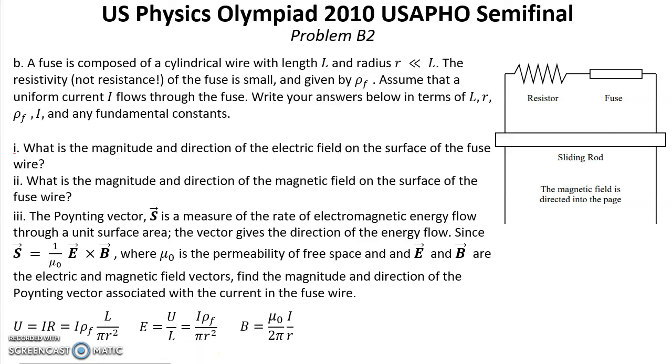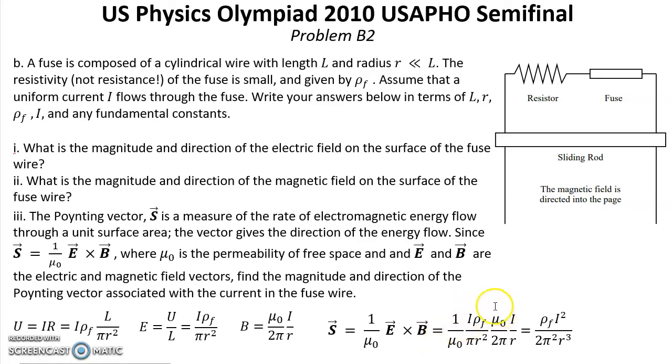That will be this expression, 1 over mu 0 multiplied by the cross product. In our case, the electric field and magnetic field are perpendicular to each other, so it means that we can calculate the full cross product like this.